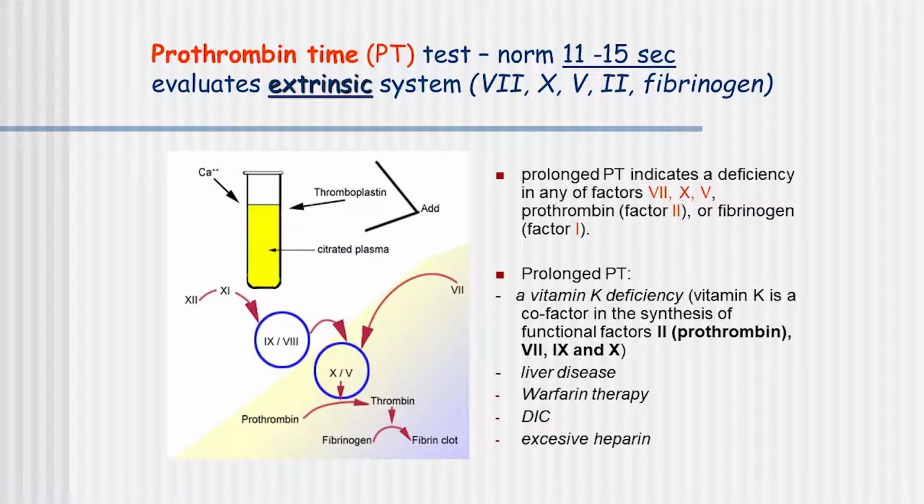The prothrombin time is the test that evaluates the extrinsic system, and the normal time is between 11 and 15 seconds. In the presence of calcium and the other factors plus thrombin, you are looking at the blood clot.